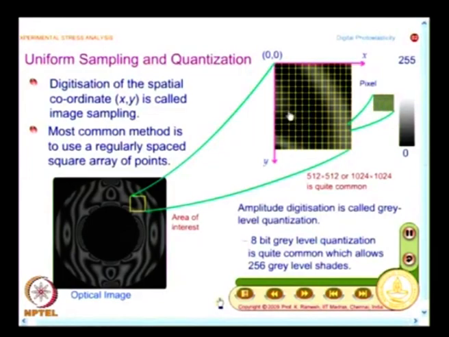So, you identify the image as an assembly of small picture elements, and for each of these pixels you assign a number between 0 to 255.